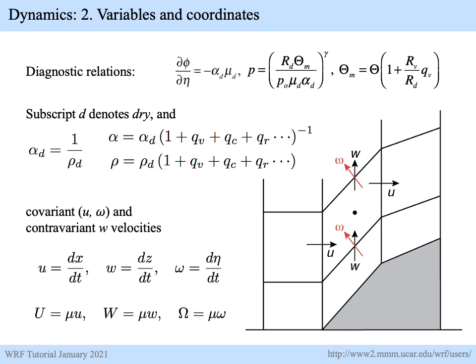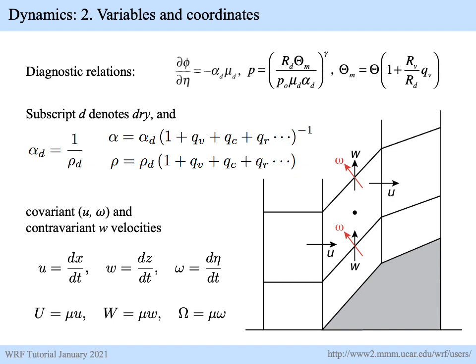We can diagnose this variable alpha sub d, which is the inverse of the density, 1 over the density. Additionally, we have an equation of state for the atmosphere, from which we can diagnose the pressure. And our prognostic equation for theta is actually cast in terms of this theta m.